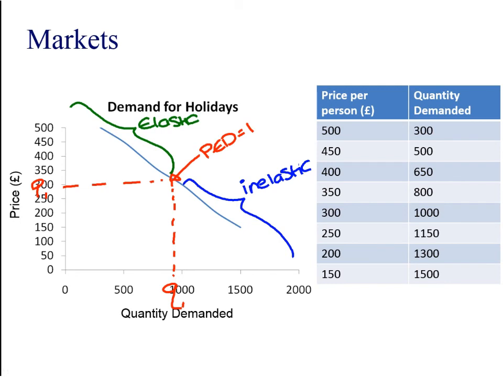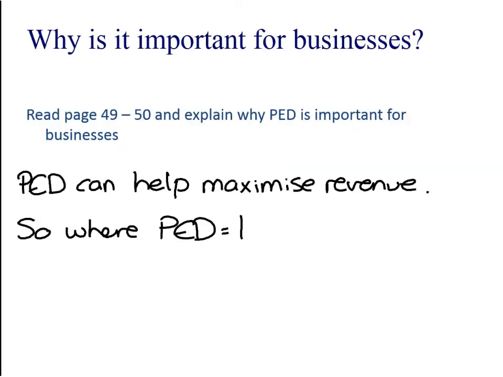And you might think, oh, great, general knowledge, very interesting, but why is it relevant? Well, it has an impact on businesses. So a knowledge of PED and what PED your products have can help you maximise revenue. Now, when you get to the A2 course, you're going to realise that actually the aim is not always to maximise revenue, it's actually to maximise profit. But maximising profit is quite a difficult calculation to make.